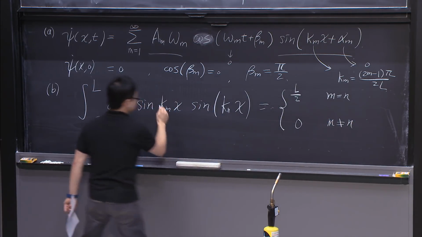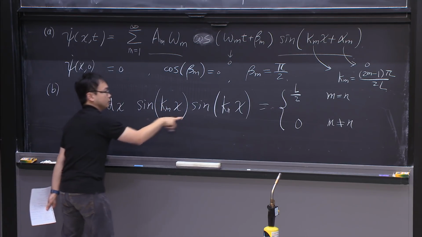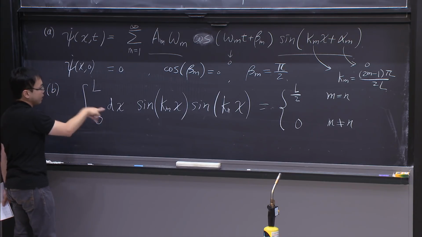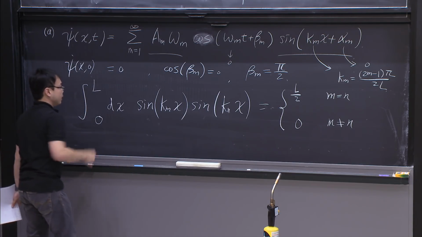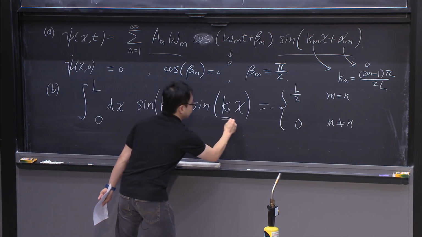So basically, I have two sine functions multiplied to each other, and I integrate from 0 to L.